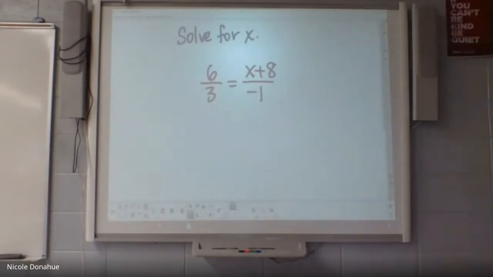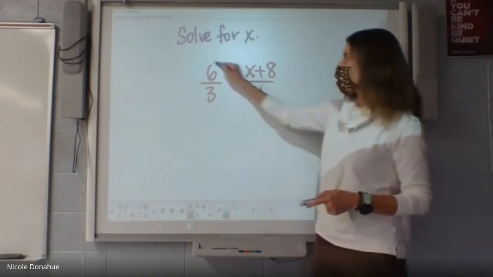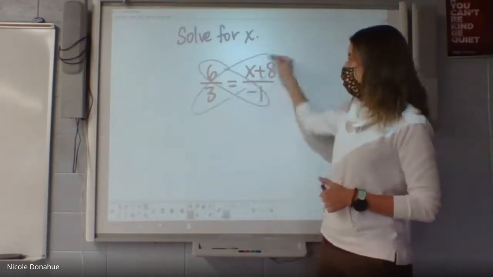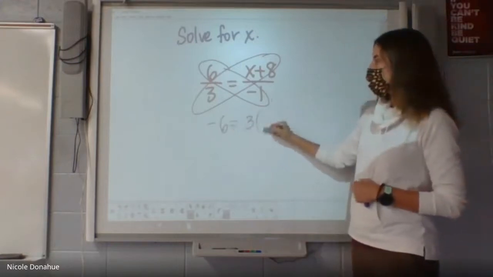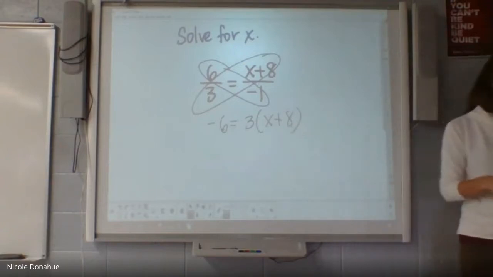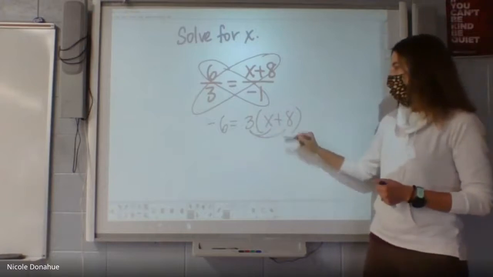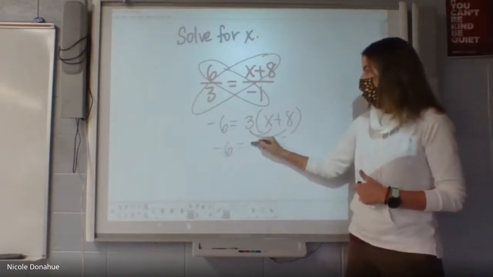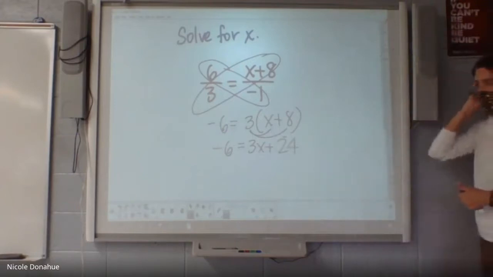So on this one, that negative makes this 6 negative, so the -6. But then in this case, you have to use parentheses, because I have to multiply that 3 by the x and the 1. So I have to distribute that in. So then we have to solve this.